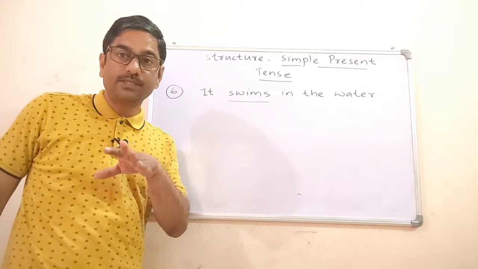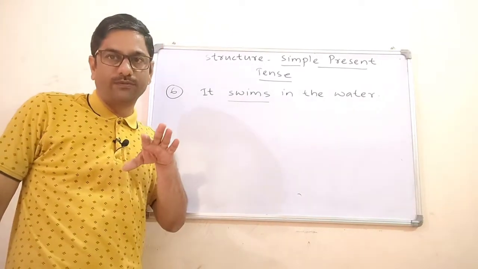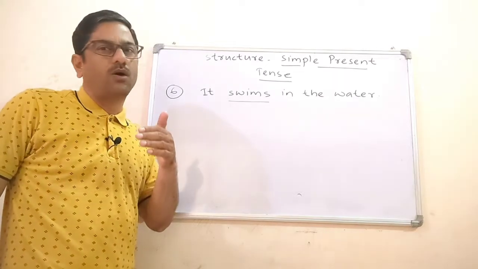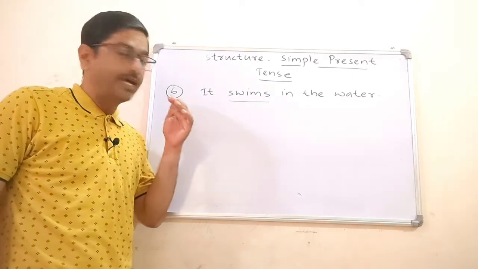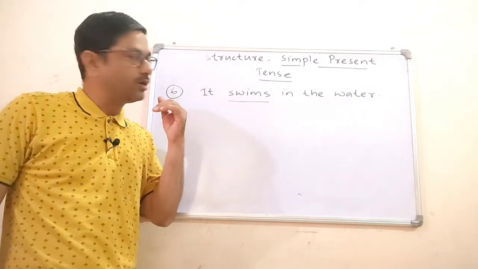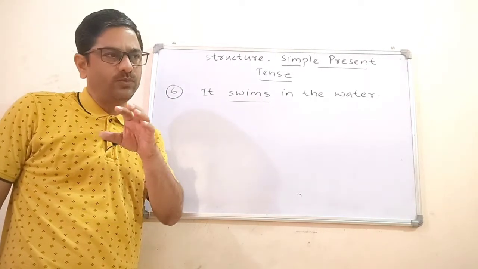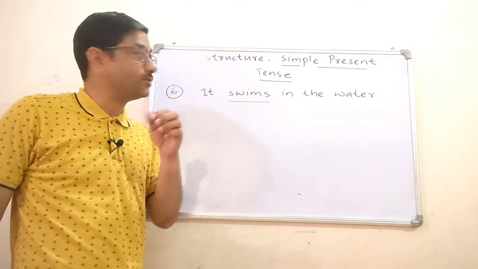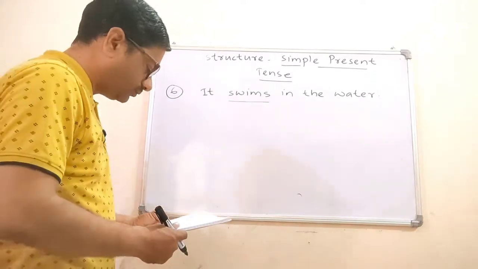So maybe we are speaking about a fish or any animal. For example, a dog swims in the water, or a fish swims in the water, or a duck swims in the water. So when we are speaking about animals, you can make use of it.